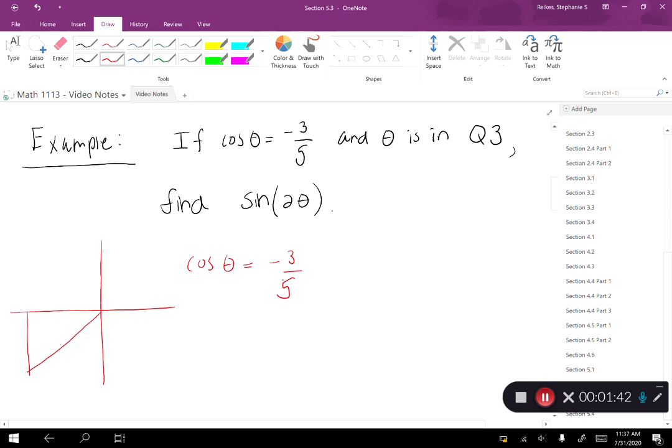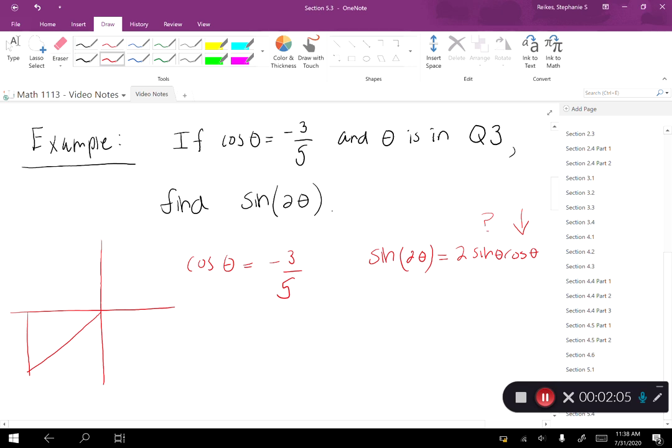Alright, and I'm looking for sine 2 theta. So again, my formula for sine 2 theta is going to be 2 times sine theta cosine theta. Alright, well I got cosine theta, but I'm missing sine theta, so I need to figure that out.